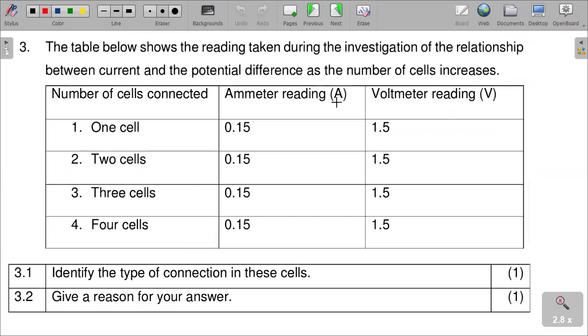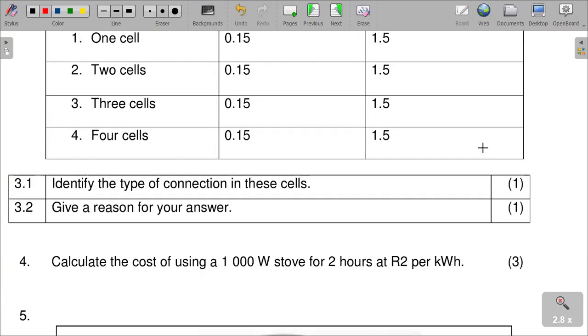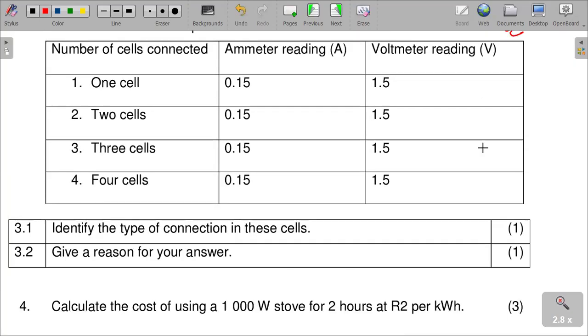The table shows the readings taken during the investigation of the relationship between current and potential difference as the number of cells increases. I'm sure we have once talked about this one. We once calculated it and showed what happens there. So the question is saying identify the type of connection in these cells.